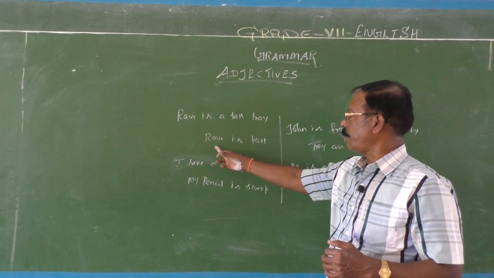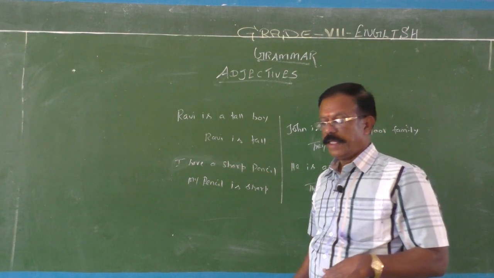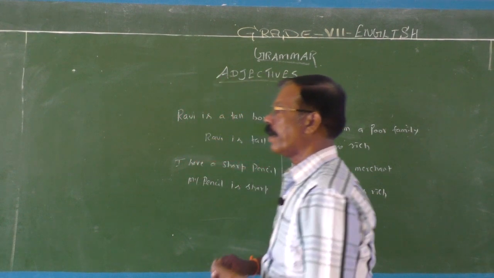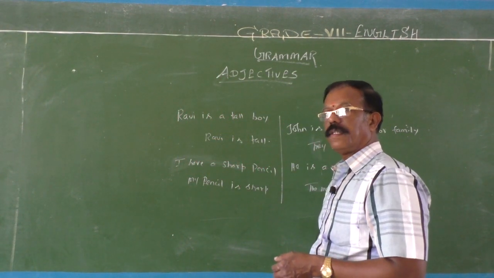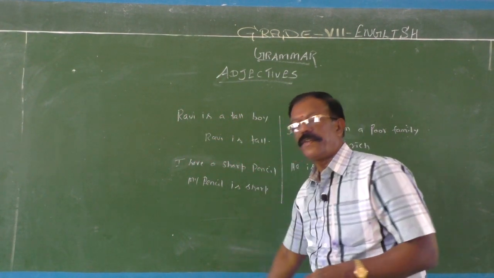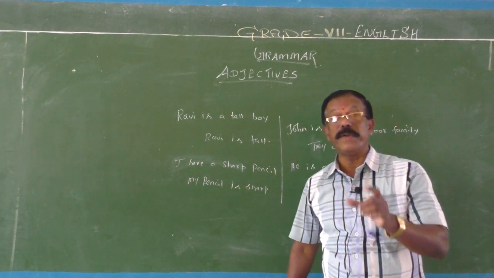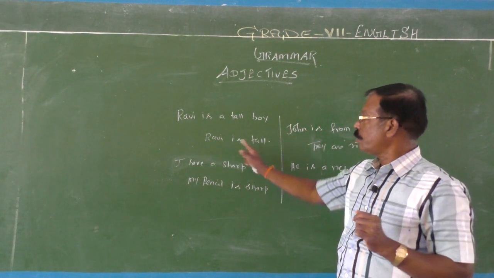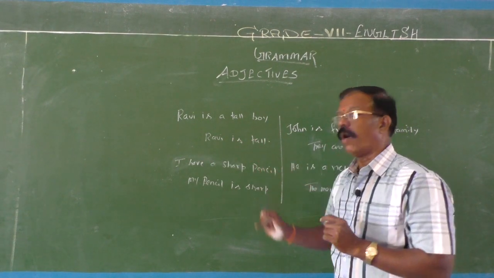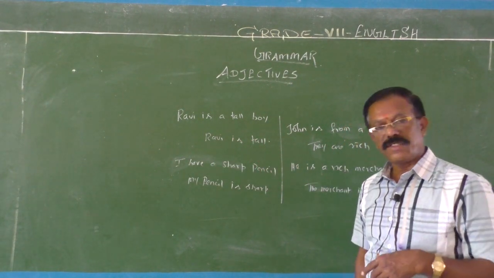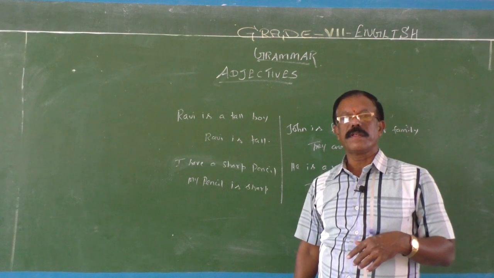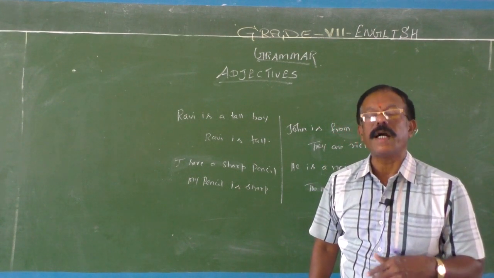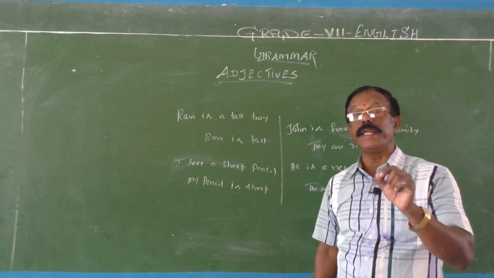See the second example, Ravi is tall. It is in the predicate part and it is at the end. It describes the subject of the sentence. So it has been used predicatively. It is placed after the noun it describes. Such adjectives are called predicative adjectives, or they are used predicatively.